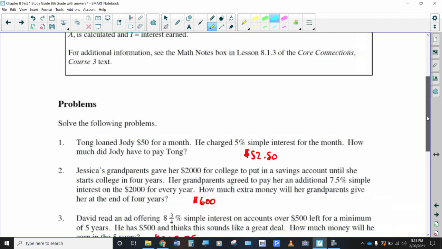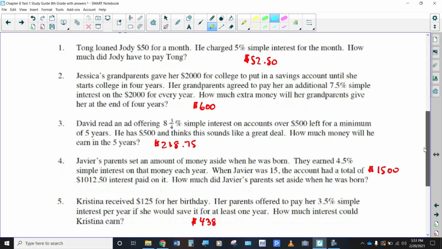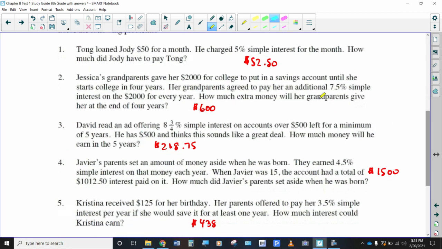Okay, so the first 5 problems all have to do with simple interest. Let's double check this. I guess this one doesn't say, but it is simple interest because the parents, oh yeah, it does right there. Simple interest.